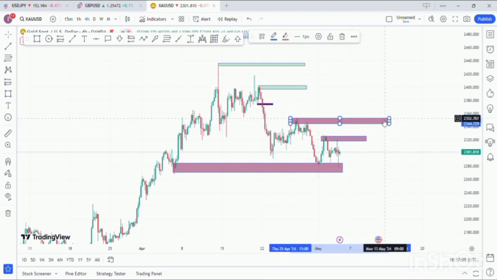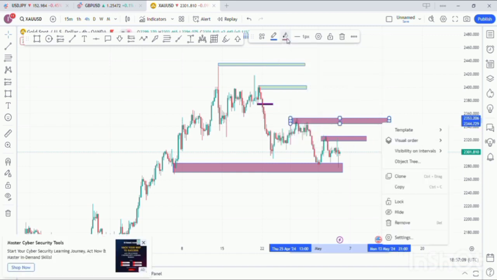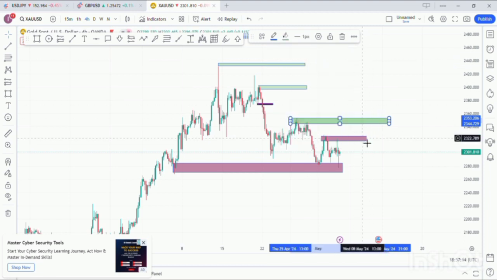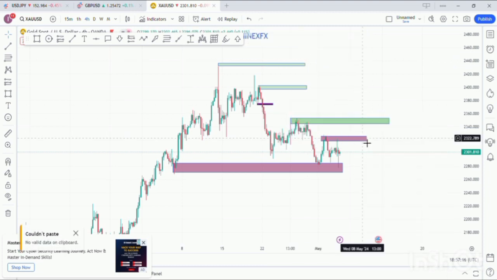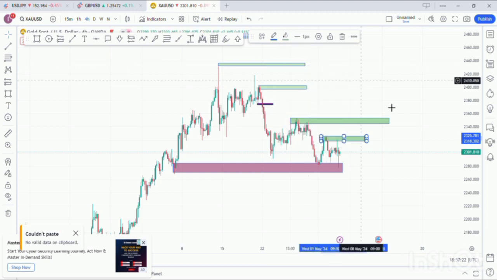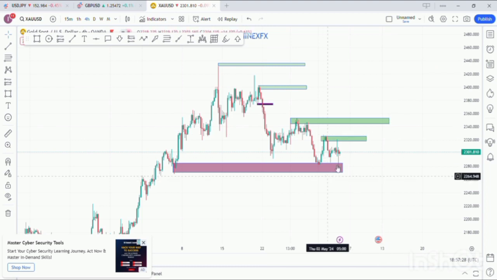This is one of the resistance zones. Just changing the colors real quick so we don't get confused. So these are a few resistance zones that we're expecting XAUUSD to either retest or even break out from for next week, depending on the opening price of the market on Monday. So we're expecting a few movements to the upside for XAUUSD.